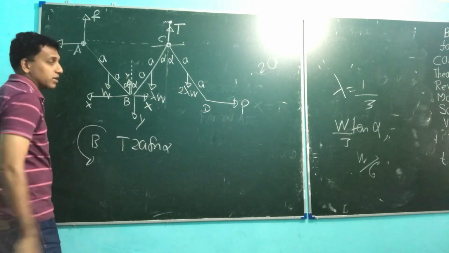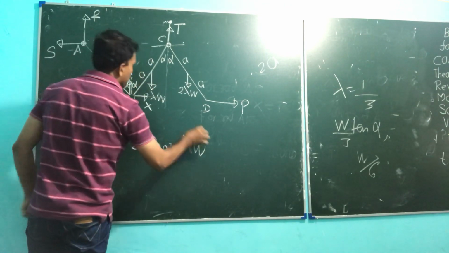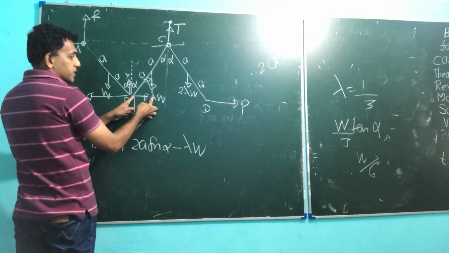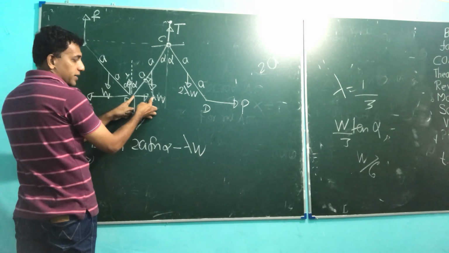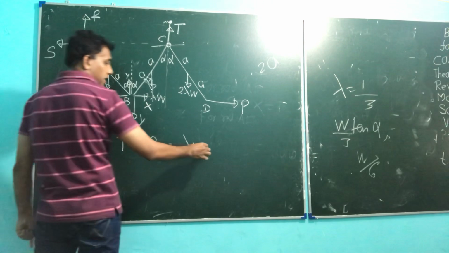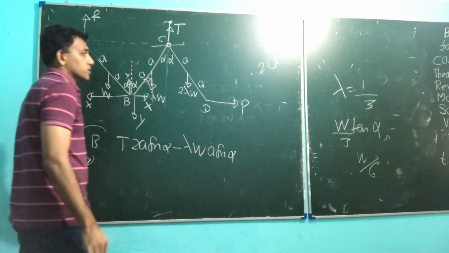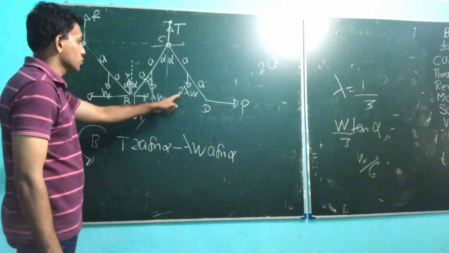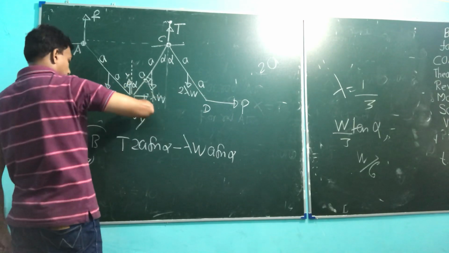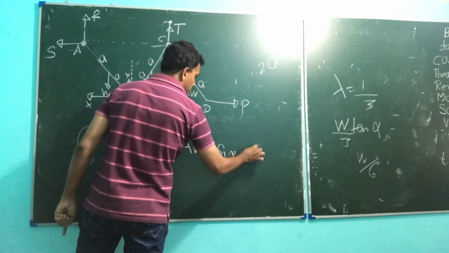T times 2A sin alpha, minus lambda W. You know here alpha, here also alpha, right? But there is A sin alpha, so lambda W times A sin alpha, and here 2, this one I took about B, minus 2 lambda W.